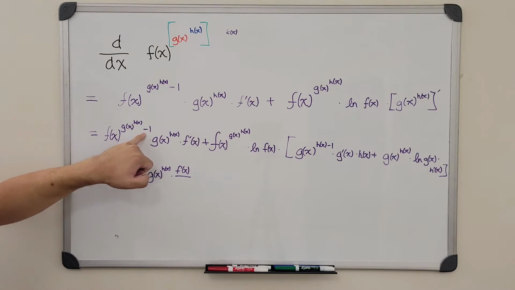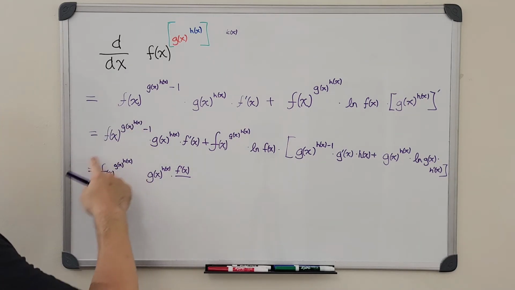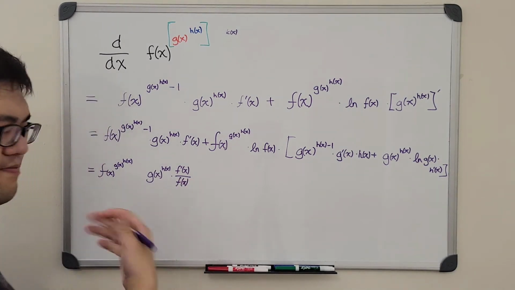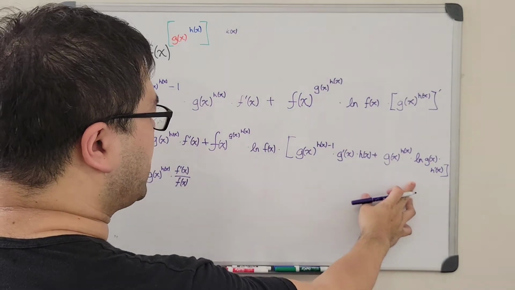Because remember, we have a minus 1 here. So this is equivalent to say f to the g to h power all over f of x. So if we factor out the big exponents here, we will end up with 1 over f of x power function. Good. So for the second part, let's see what we'll get.